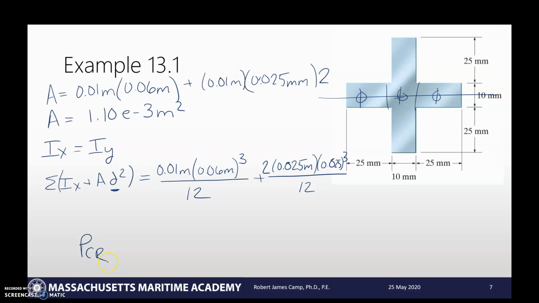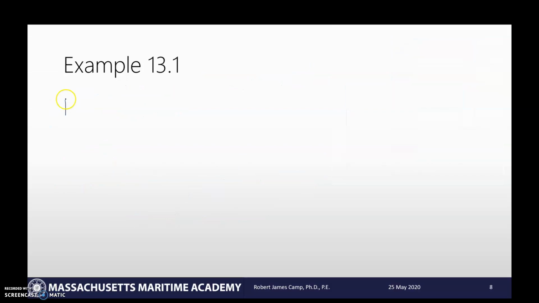Oh, we actually need to calculate that out. So if I plug that into my calculator, we should get 184,167 times 10 to the negative 6 meters to the fourth. And so now I have all the information to calculate my critical load. My critical load is going to be pi squared EI over L squared.